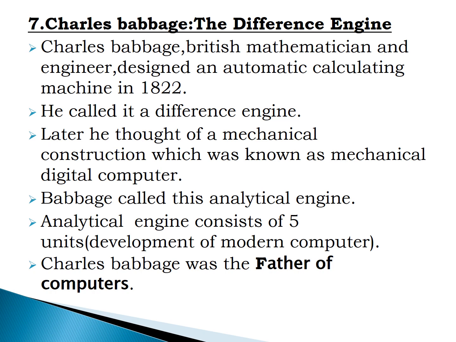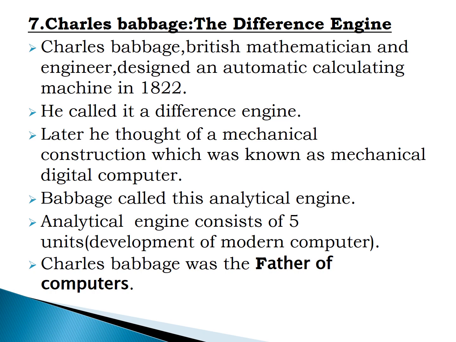Let us come again. Charles Babbage, a British mathematician and engineer, designed an automatic calculation machine in the year 1822. He called it the difference engine. Later, he thought of a mechanical construction known as mechanical digital computers.